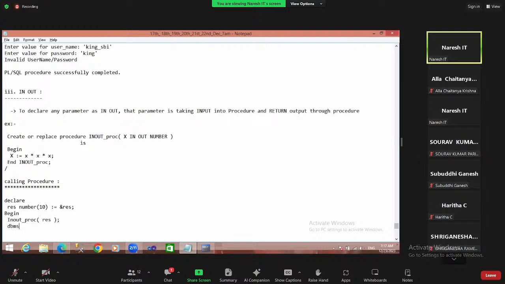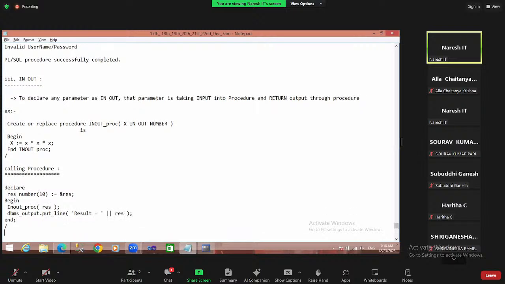Then dbms_output.put_line of 'result equal to' result. End; slash. This is enough, guys.